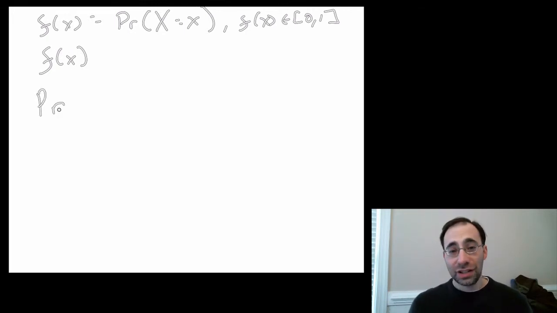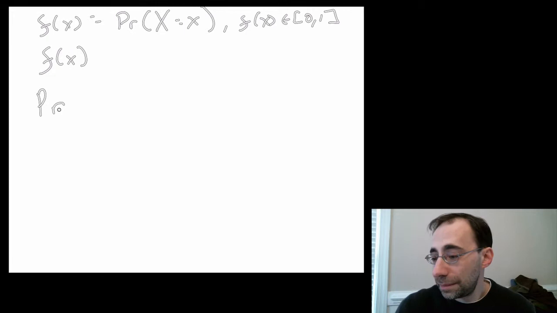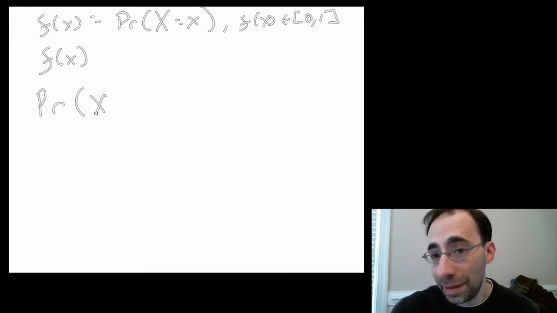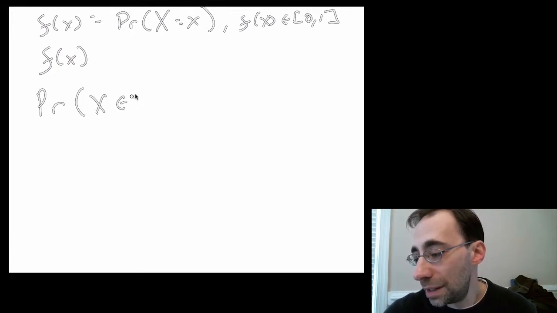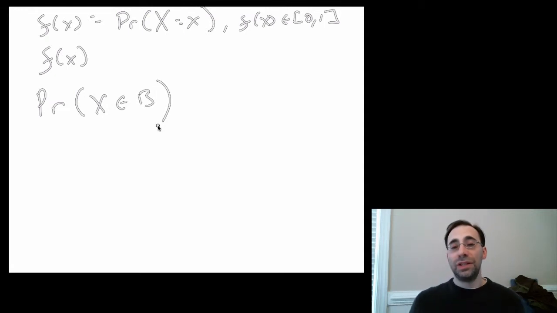Because we can't actually define, as I mentioned in the last module, the probability of getting a particular value, instead we get the probability of being in some range, in some region. So it's really the probability that the random variable X is in some region B. This B is general; depends what the actual random variable is. We'll be more specific in a second.